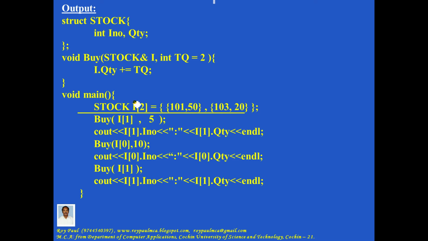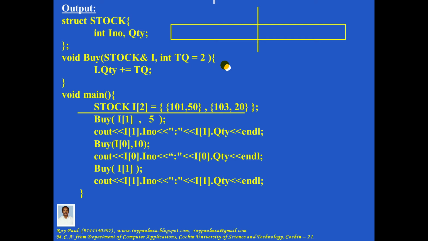So first you need to allocate memory for this array. Two memory locations must be allocated for this array. The name of the first memory location is I of 0 and the name of the second memory location is I of 1. Now you need to give some address for the array, example 1000.